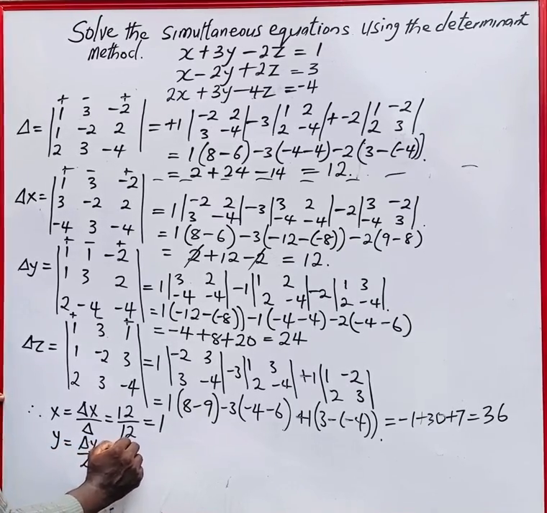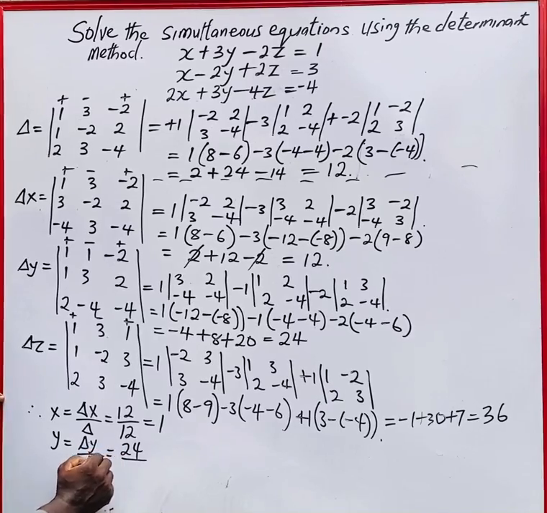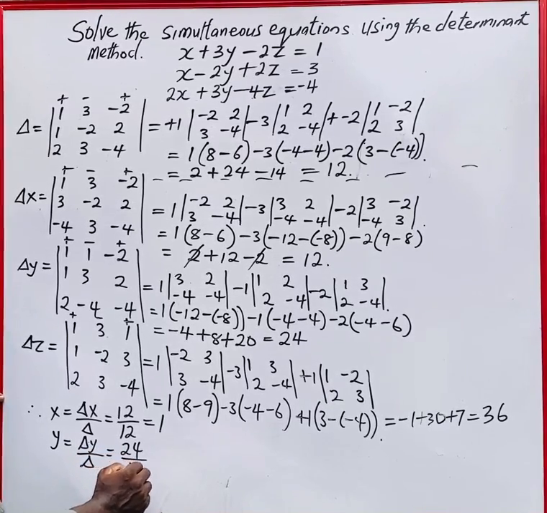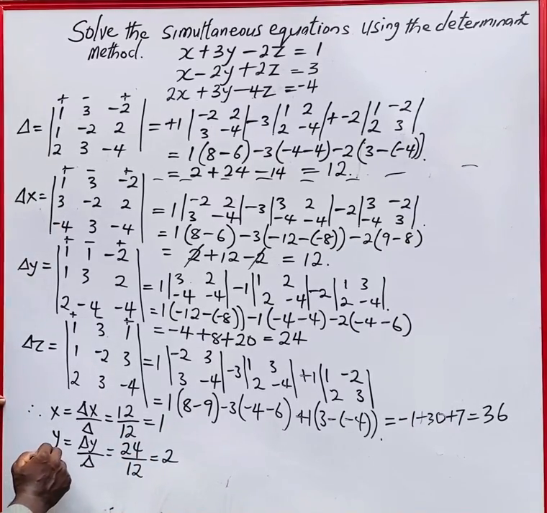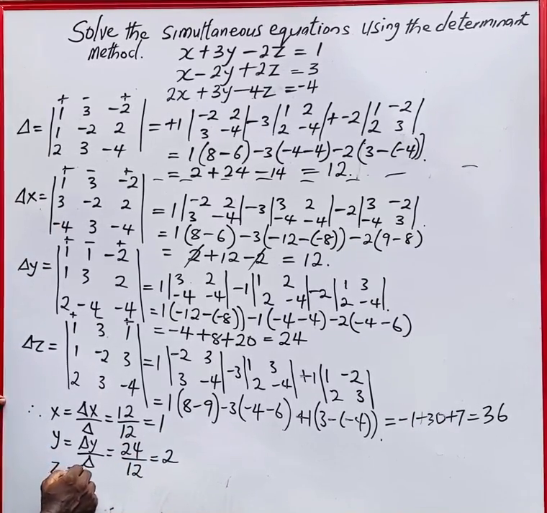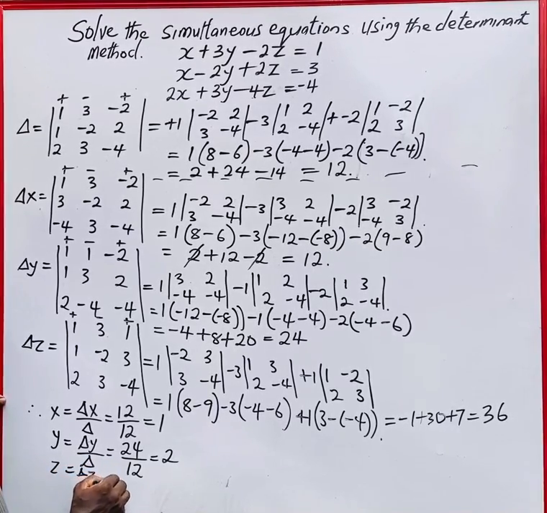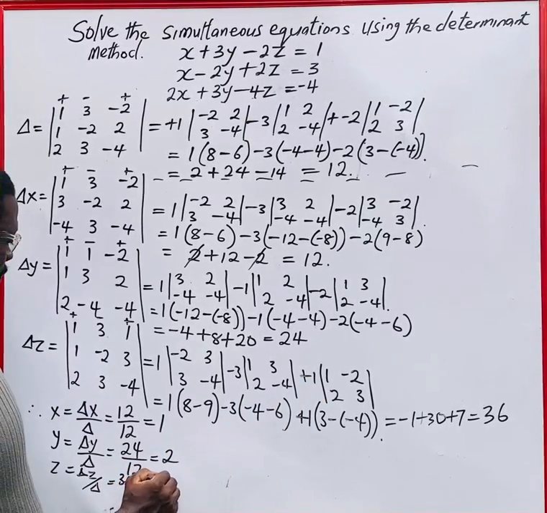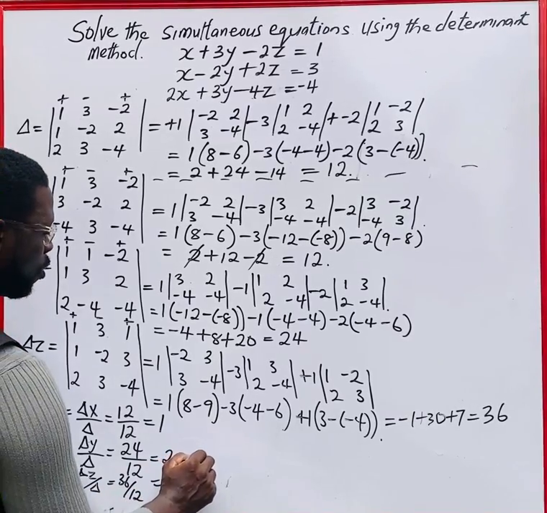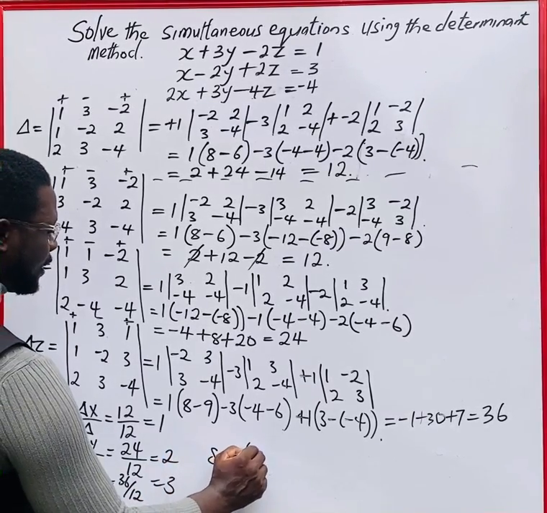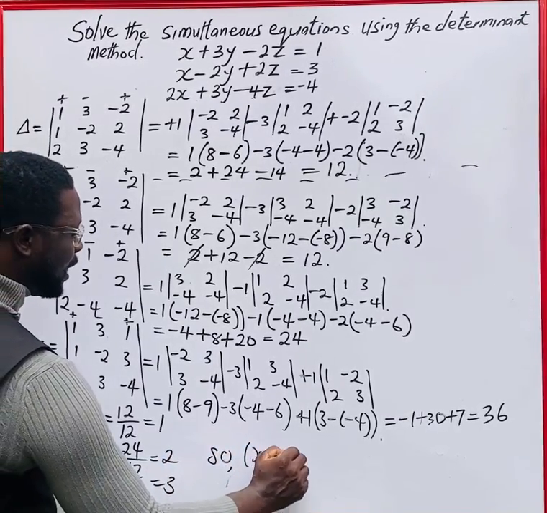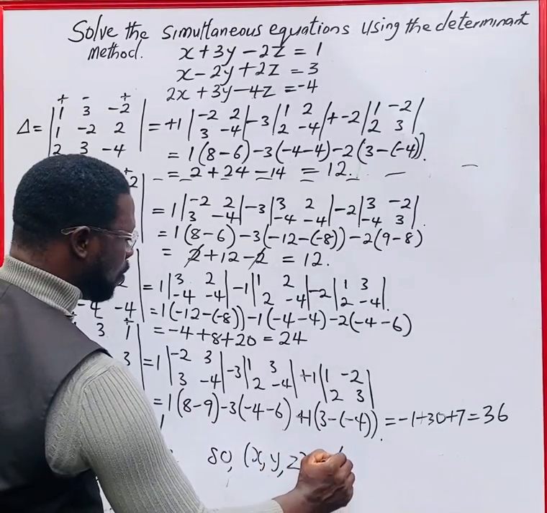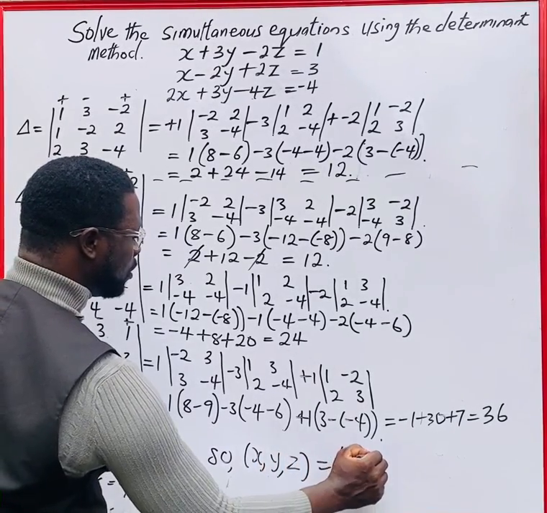Change in y is 24. 24 over 12 gives us 2. So we progress. Let's go for the last one, z. Change in z over change will give us 36 over 12, which gives us 3. So x, y, z is going to be 1, 2, and 3.